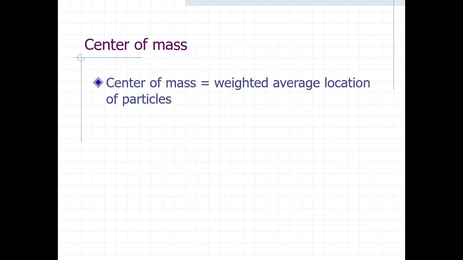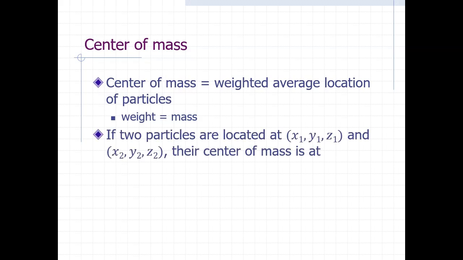The center of mass of two or more particles is a weighted average of their location. The weights we use for averaging are the masses of the particles. Consider a two-particle system. If particle 1 is located at coordinates x1, y1, z1, and particle 2 is located at coordinates x2, y2, z2, then the average of the x-coordinates is given by this expression.